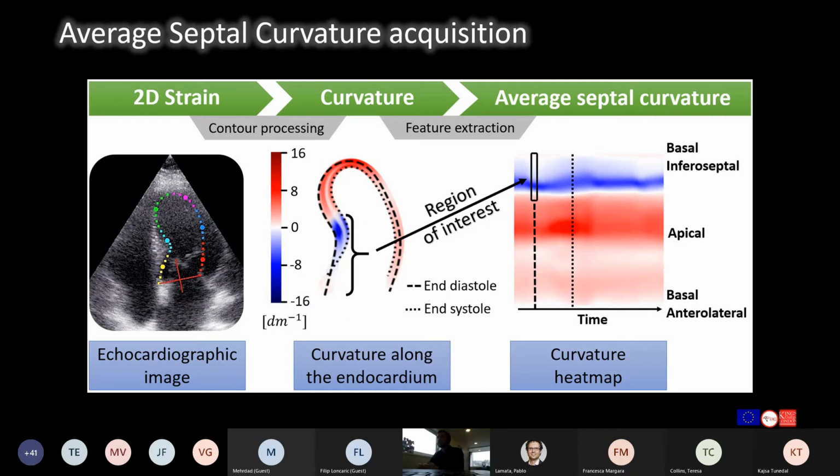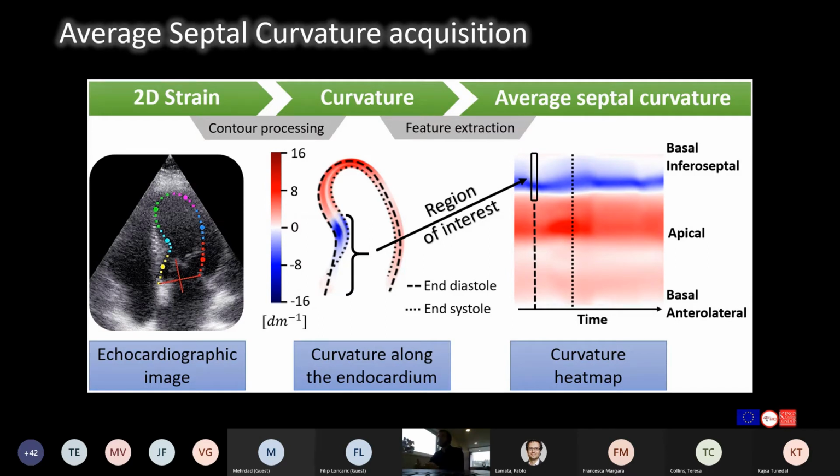And we could actually fairly easily acquire this data from the already existing clinical tools, which are used to measure the two-dimensional strain. And so from that, we extracted the endocardial contour, and with some processing, smoothing, and the curvature calculation, we could calculate the curvature for each point at this endocardial contour.